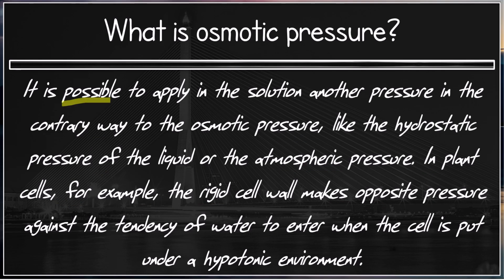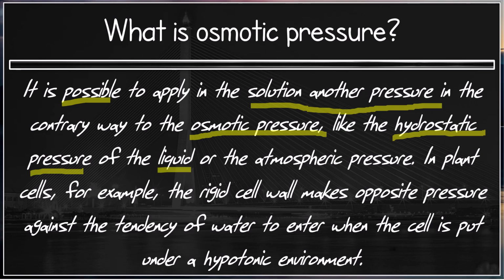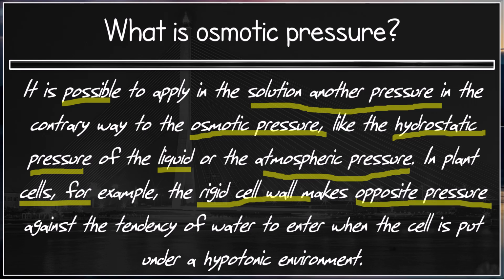It is possible to apply in the solution another pressure in contrary way to the osmotic pressure, like the hydrostatic pressure of the liquid or the atmospheric pressure. In plant cells, for example, the rigid cell wall makes the opposite pressure against the tendency of water to enter when the cell is put in a hypotonic environment.